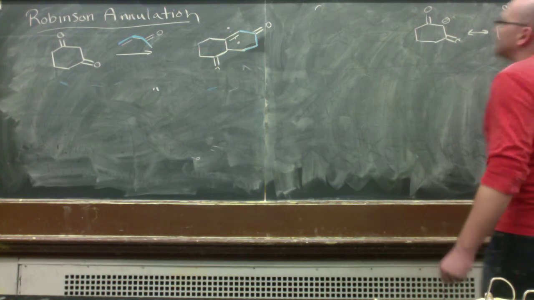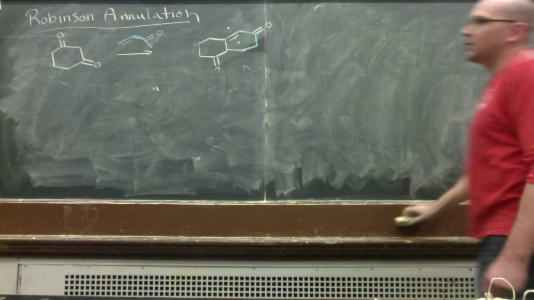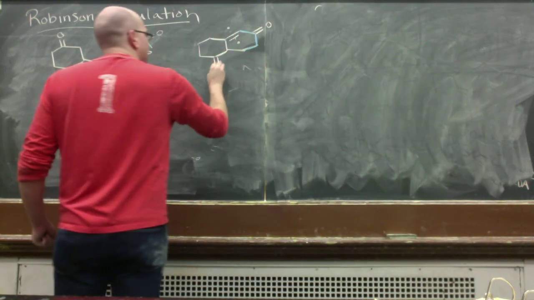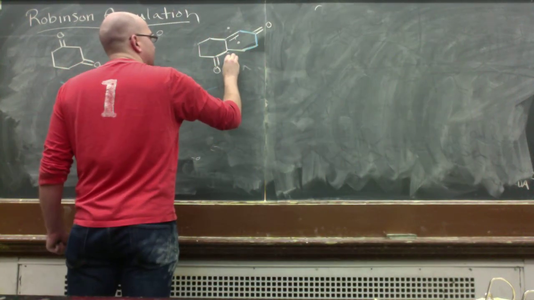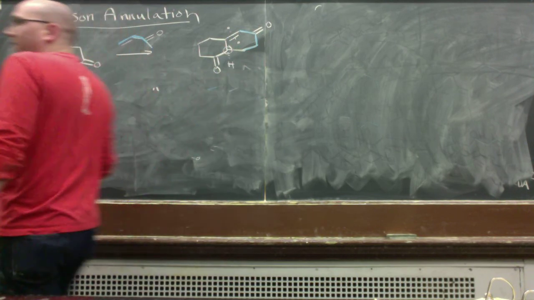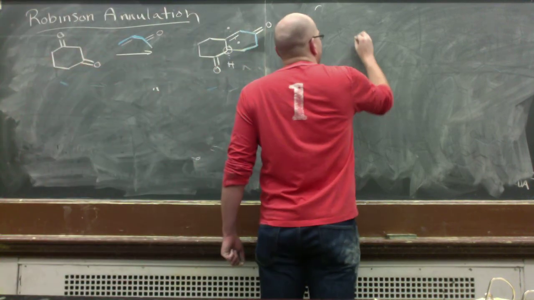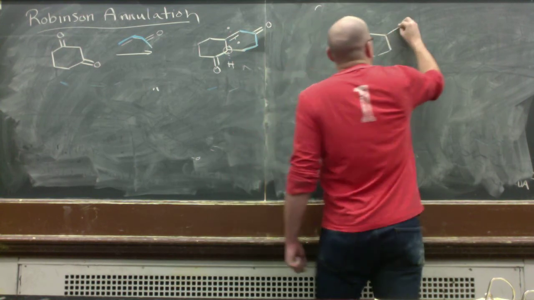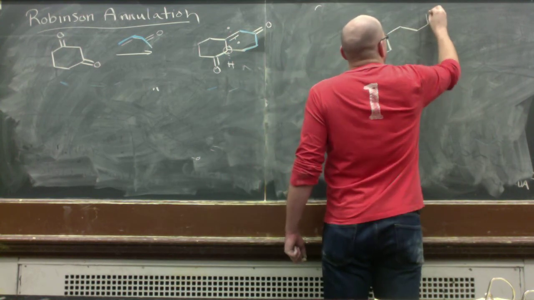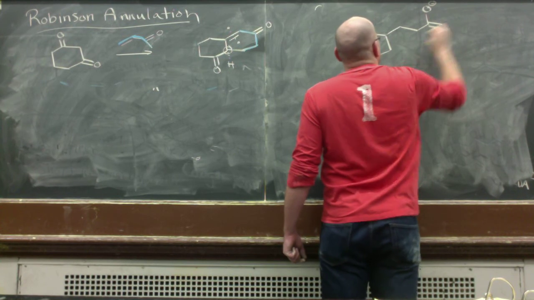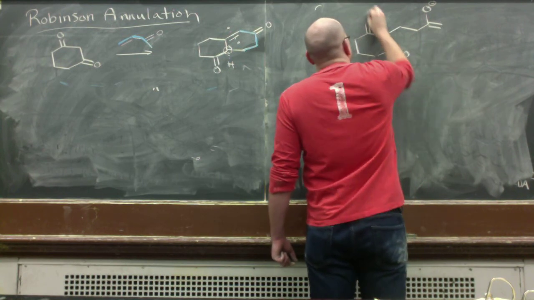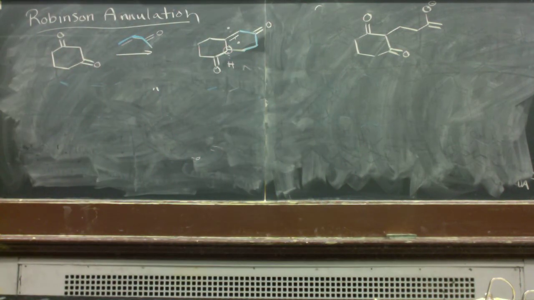Okay, and part of the reason is that when you have molecules that look like this, what you might notice is that we have a stereocenter in this molecule. And that stereocenter, if you think about it, the products that we formed when we had, say for example, this enolate here, the product that we generate and the stereochemistry that we get is basically going to come down to what?